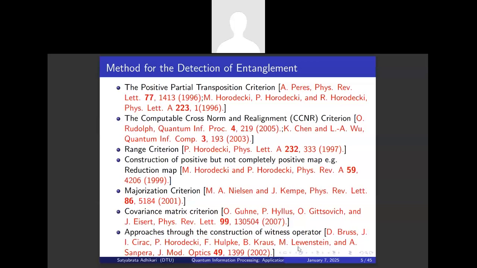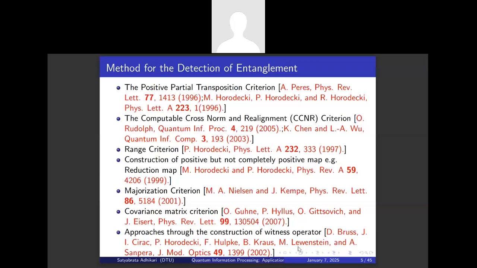So this method tells us that if we take, okay, fine, I will come to this point later. So let me first list these methods for the detection of entanglement. The second method is the computable cross norm and realignment criterion. The third one is the range criterion, and the fourth one, we can construct a positive but not completely positive map, and we can use this positive map to detect entanglement.